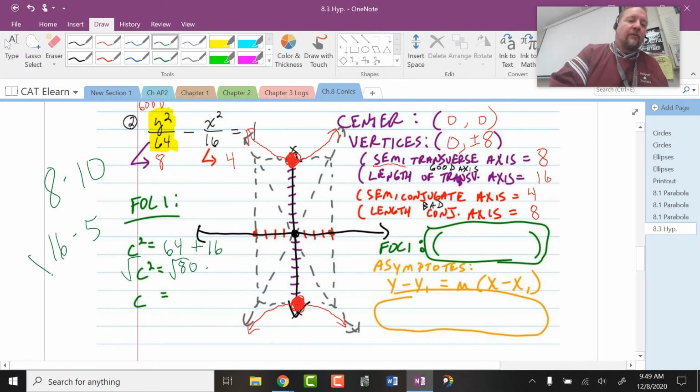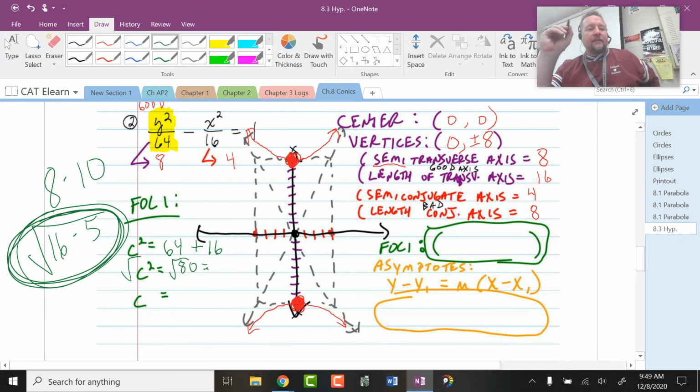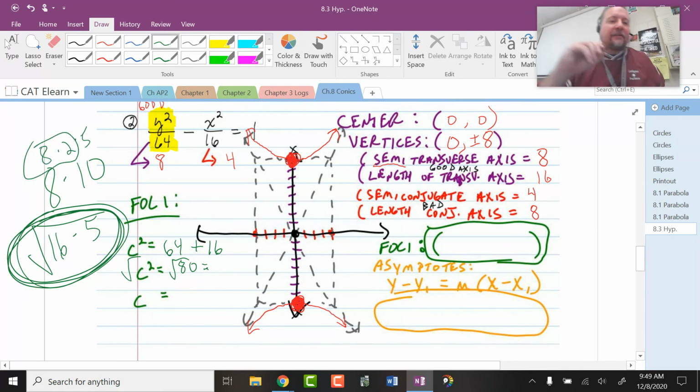What would this be then? 4 square root of, you didn't look over here. I borrowed a 2 from the 10. 2 times 5 is 10. So this is what 80 is. You understand what I'm doing here, right? This is 2 times 5. And then I put these together because that's a perfect square. So what's the square root of 16?